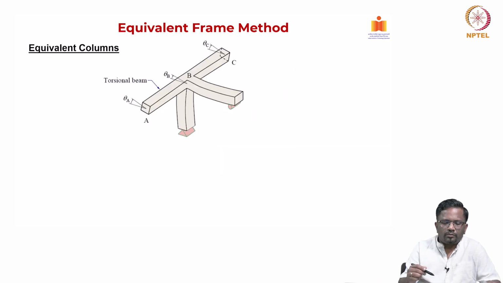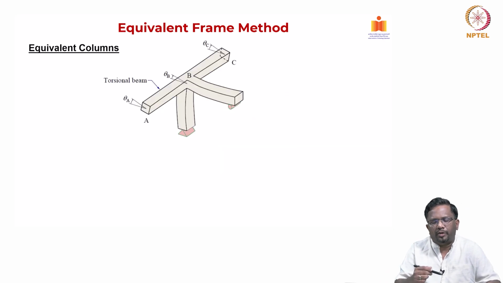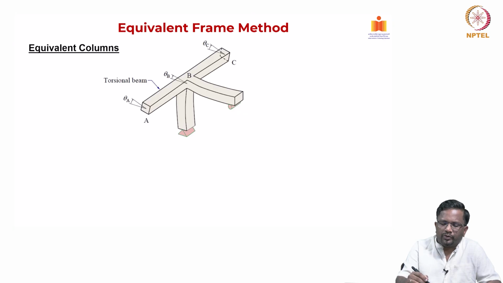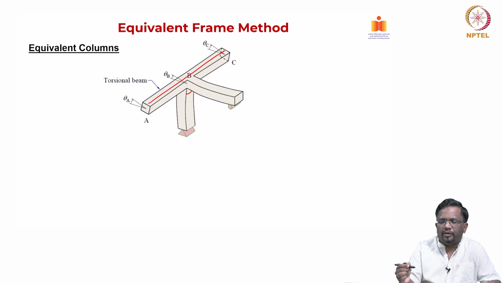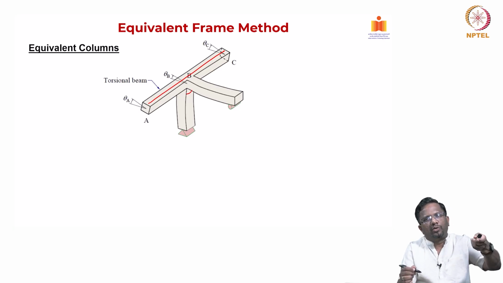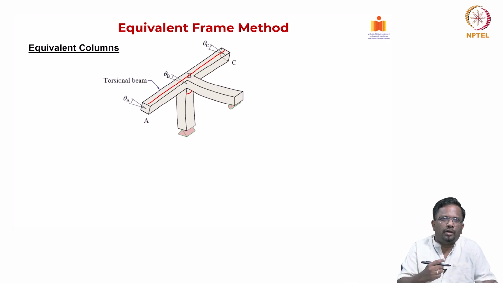But in this case, in an equivalent column member, I may also have a beam that is running perpendicular to the direction. Now when this joint is rotating, right, it will also undergo twisting for the member that is connected, which is running perpendicular to its direction, right. However, the twisting will not be uniform, and you will find that the stiffness where the beam is connecting close to the column will be high.